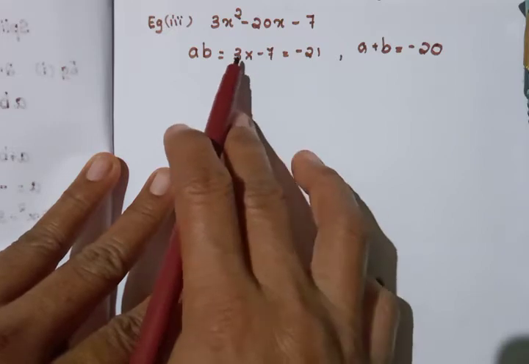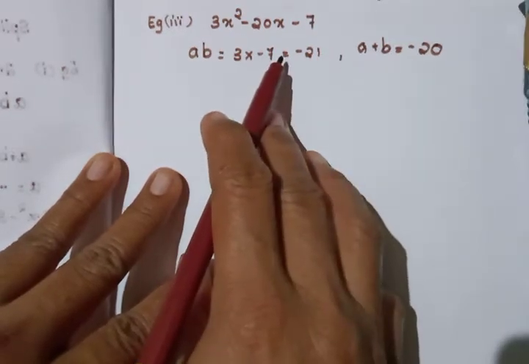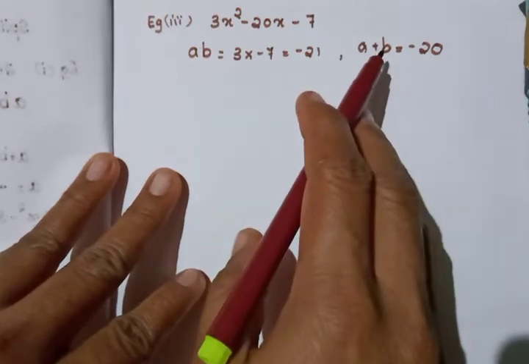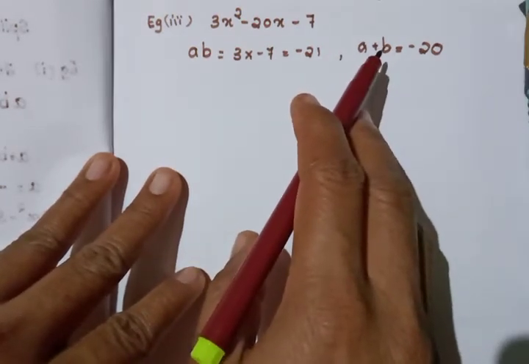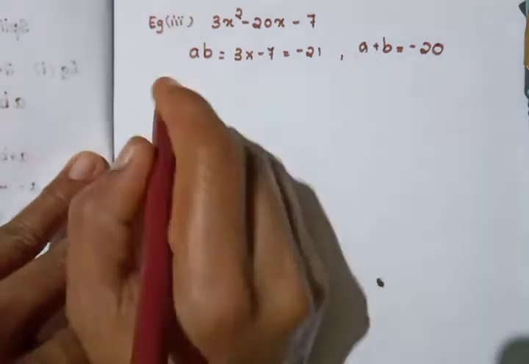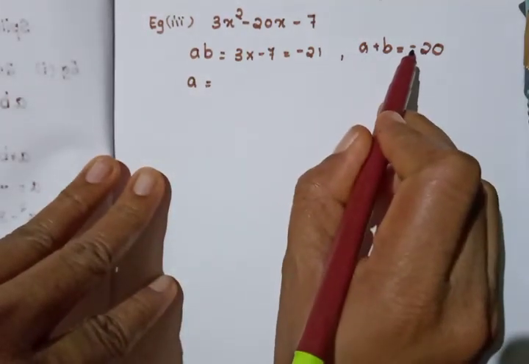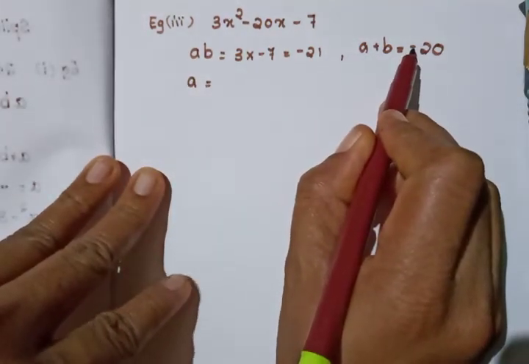So subtraction. Correct? 3 minus 7, you won't get 20. But 21 and 1, will you get 20? Yes. You will get the difference as 20, right? So we'll take a. One number should be positive, but see here the larger number is negative.